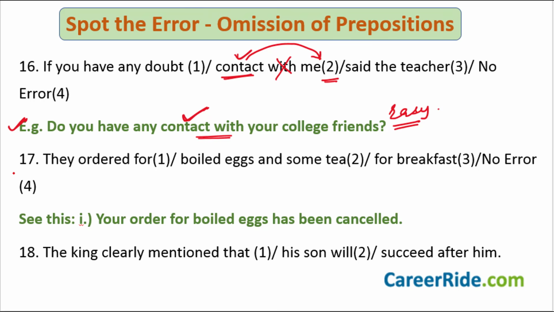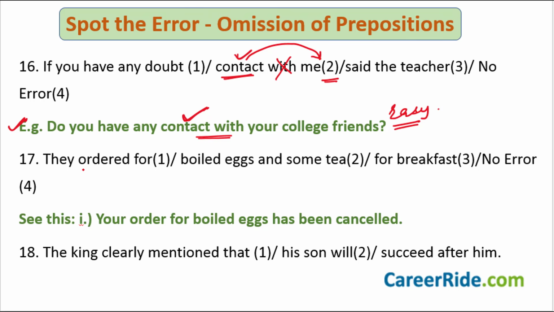Okay. Sentence number 17. They ordered for boiled eggs and some tea for breakfast. So what's happening here again? Many students, they think that they will never use any preposition with the word order. Okay. And we are trying to break that myth today. They ordered for boiled eggs and some tea for breakfast. But in this particular sentence, this first part is definitely a mistake. Why?